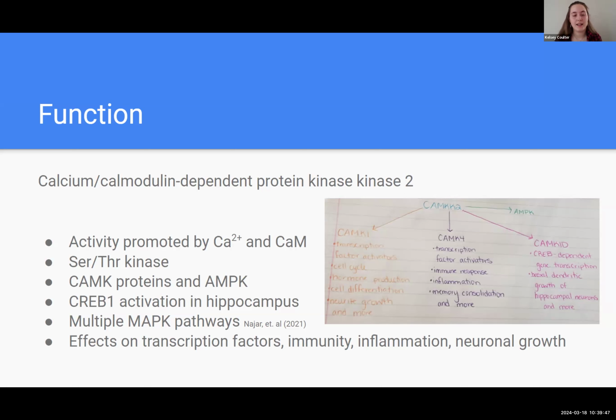CAMKK2 is a serine threonine kinase and phosphorylates multiple kinases, including CAMK proteins like the ones listed on the slide, as well as AMPK. It is involved in the hippocampal activation of CREB1, as well as many other pathways, including but not limited to multiple MAP kinase pathways. And through the activation of the multiple CAMK pathways, CAMKK2 affects transcription factors, cell cycle, immune response, inflammation, memory consolidation, as well as neuronal growth.